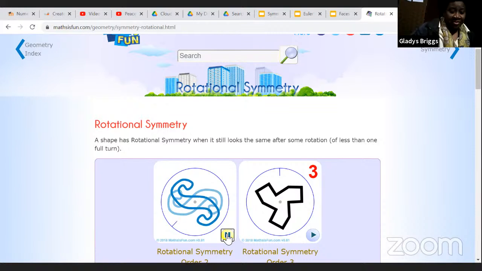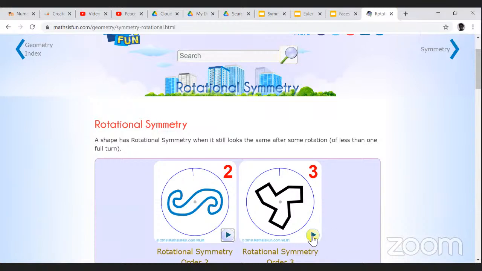Watch. 1, 2. Watch where it's starting from. Look at where it's starting from, and look at when it gets here, it's back to itself. Then when it comes back here, it's back to itself again. So watch again. 180 degrees, 360 degrees. Do we understand it now?